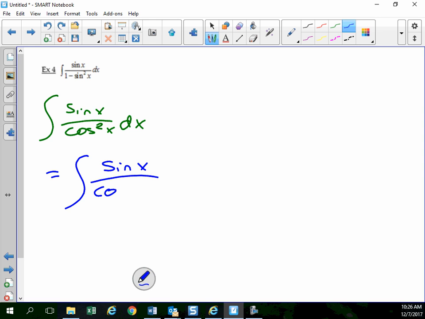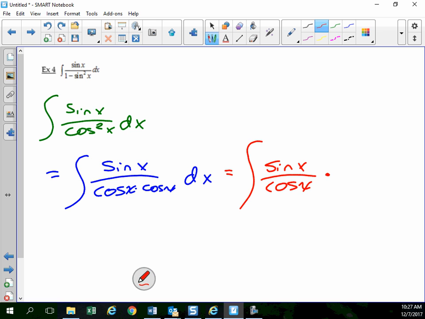And I had some people that moved it up and just wrote sine squared times sine times cosine times secant squared, but that doesn't give you anything. So I thought of it a different way. I thought of it in terms of cosine squared is cosine times cosine. So I wrote it as cosine times cosine. Well, then I saw, sine over cosine I know.